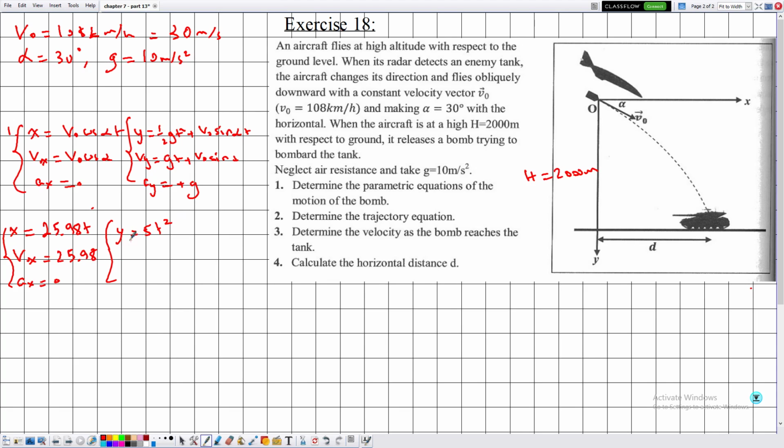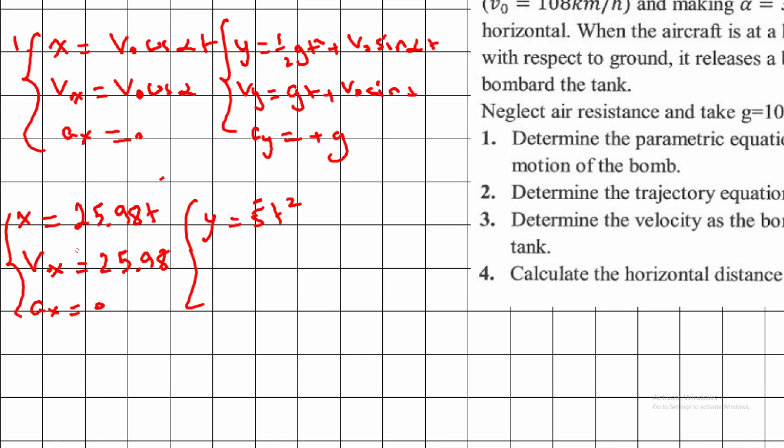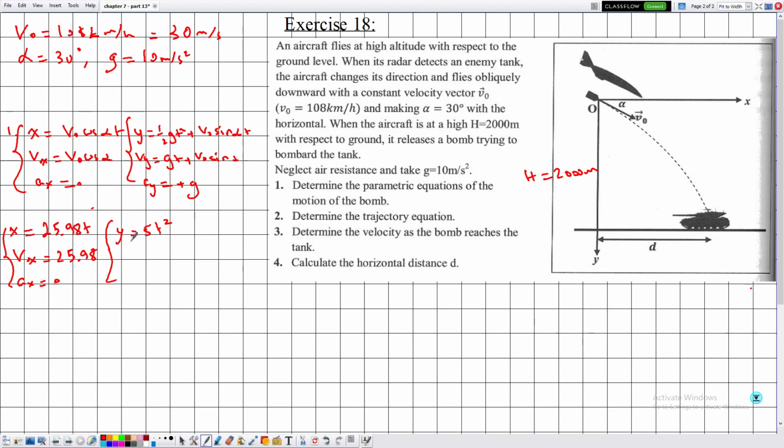So 5t squared is an indication that this is a projectile. The minus is because of the orientation of the axis, plus v_0, 30 multiplied by sine 30, which is equal to 15t. So v_y is equal to 10t plus 15, and a_y is equal to 10 meters per second squared. Also, whenever a quantity is expressed as a constant, it's convenient to write down the units.